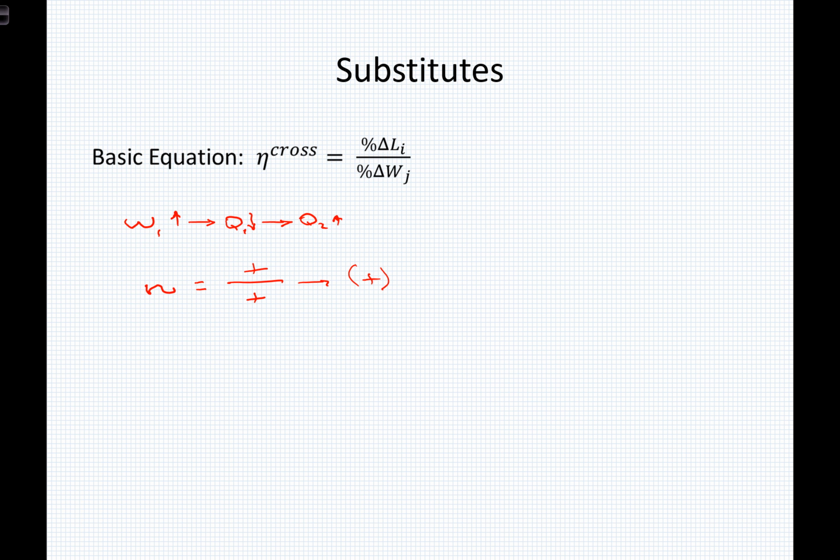Now, we don't know if it's elastic or inelastic just by the simplistic representation here, but what we know is that if a substitutable worker has an increase in wage, they're going to have a decrease in quantity of labor demanded, but assuming the job still needs to be done, the worker that can substitute for them can step in, get that job done, which means that the quantity of that worker demanded will increase.